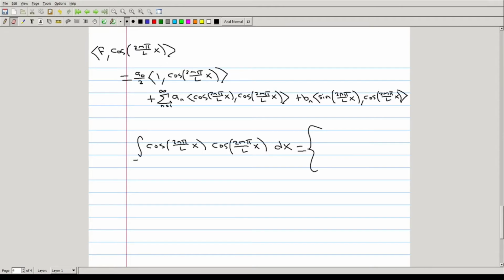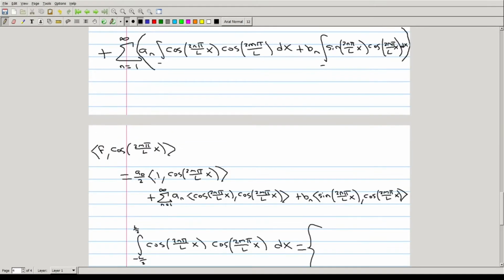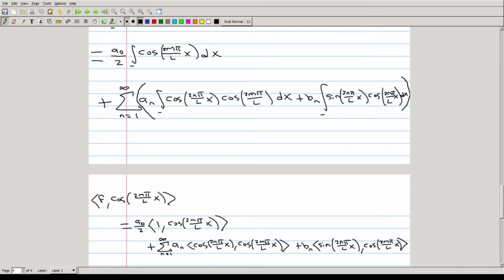Sorry, I just realized I had a little bit of a typo here. The integrals should be over one period. So if the period is L, that should be from negative L over 2 to positive L over 2. And that's true for all of the previous integrals or function inner products that we've calculated.